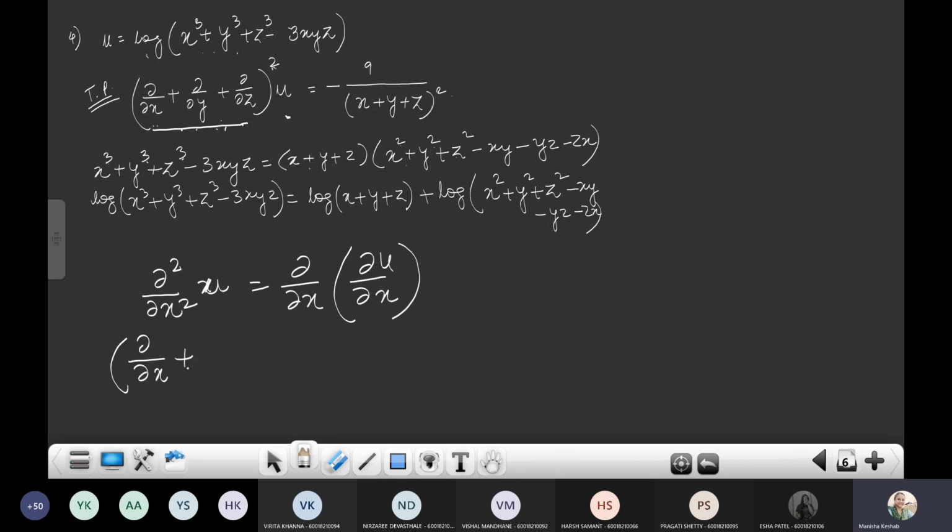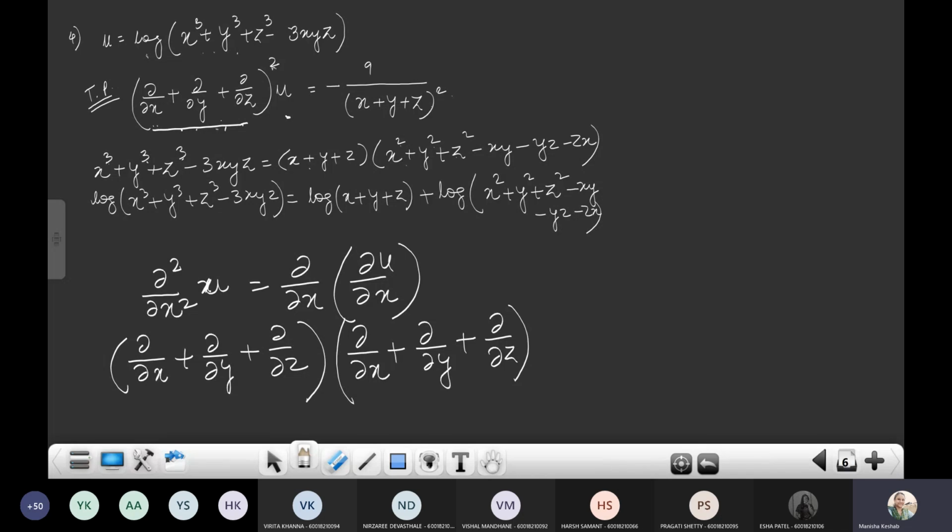Is it clear? What does it mean? Because this appears twice, we can write this as whole square, like this one.